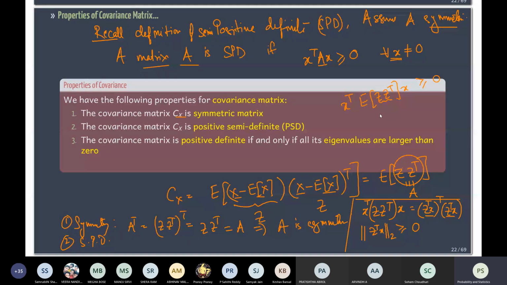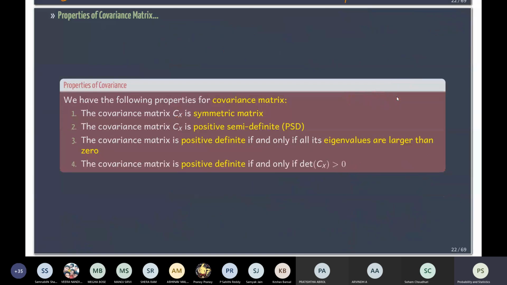In some sense it's like taking the expectation of a positive value, so the average of a positive value must be positive only, because the inner term we proved is positive anyway. So this is the minor change you need to prove that this is positive definite, or semi-positive definite.